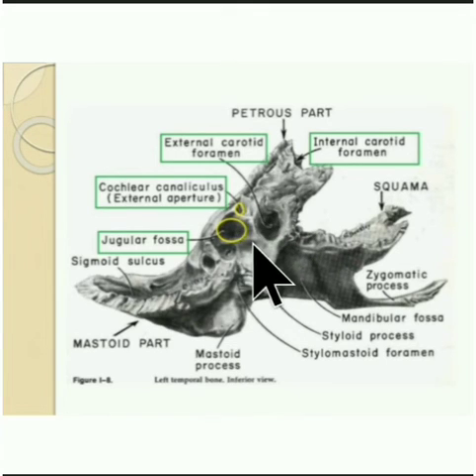So in front of the jugular foramen there is the jugular fossa, behind or medial there is the external aperture of the cochlear canaliculus, and in front there is the external carotid foramen.